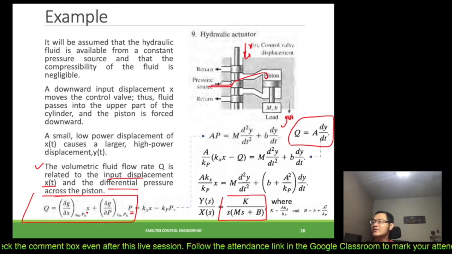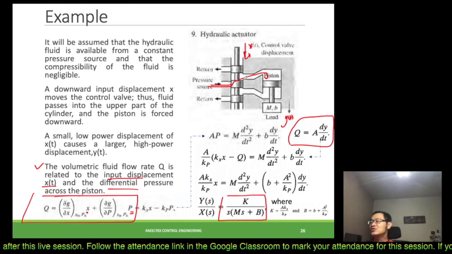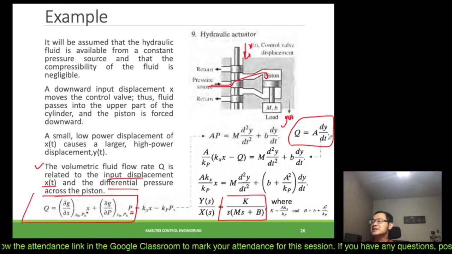That would be the amount of fluid flowing. So q can be represented by this.